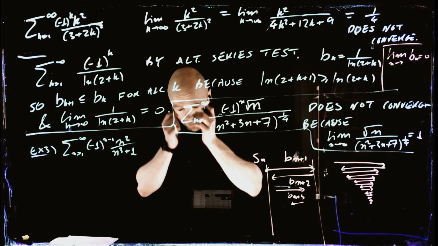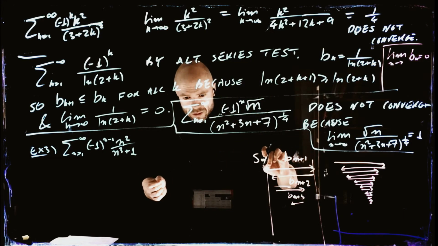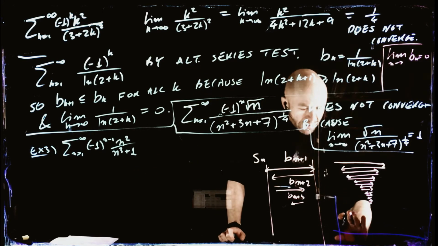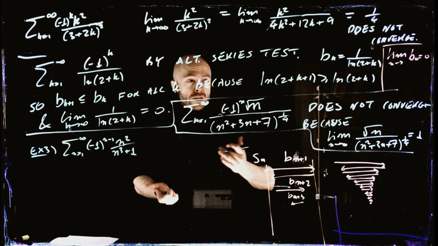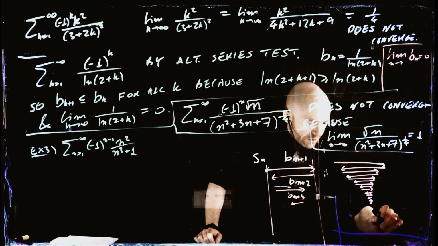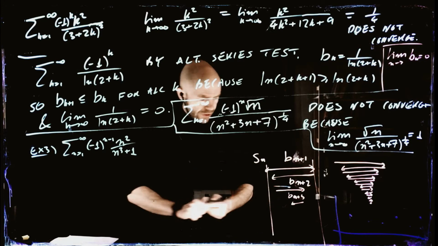Start again. Our step sizes have to be decreasing, right? If they weren't decreasing, there's no way it could go down to 0. Yeah. So they have to go down to 0 and they have to be decreasing. And going down to 0 doesn't necessarily mean you're decreasing, right? You can have this collection of terms that does go down to 0, but every now and again it fails to be decreasing. Let me show you what I mean.